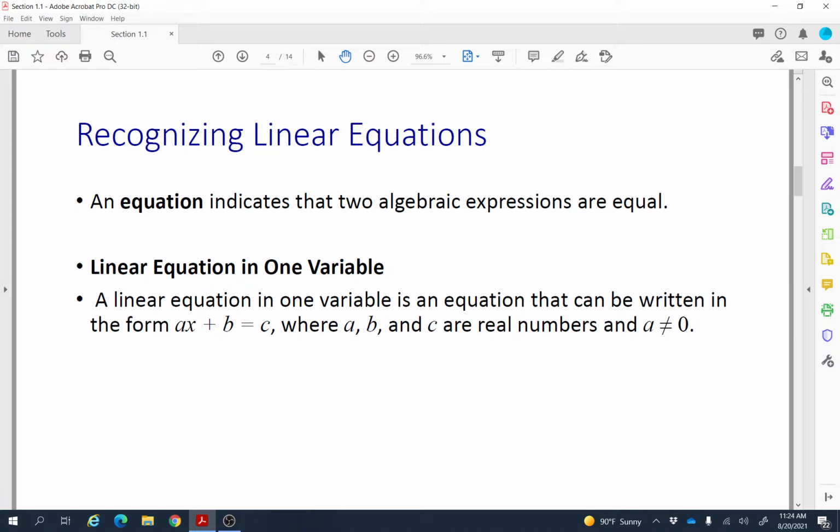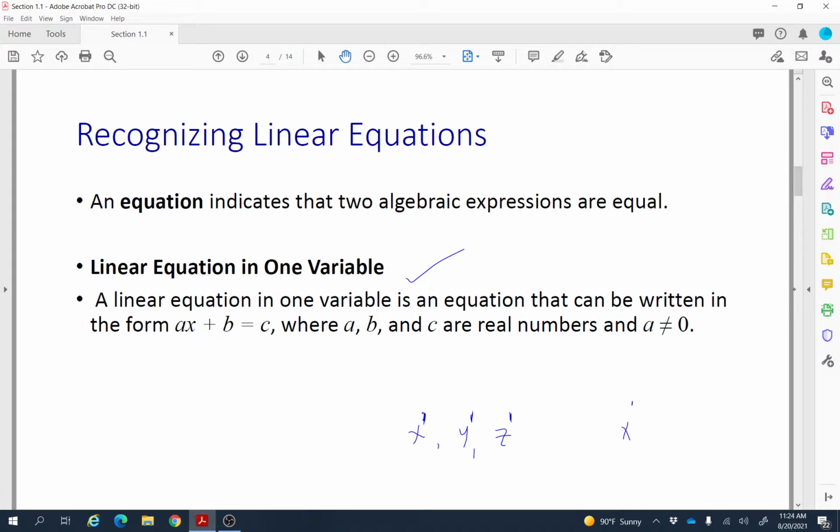Linear equation in one variable. Linear means degree 1. Normally we use variables like x, y, z, a, b, c, whatever. If those variables have exponent 1, I mean there is nothing written, that means there is 1.